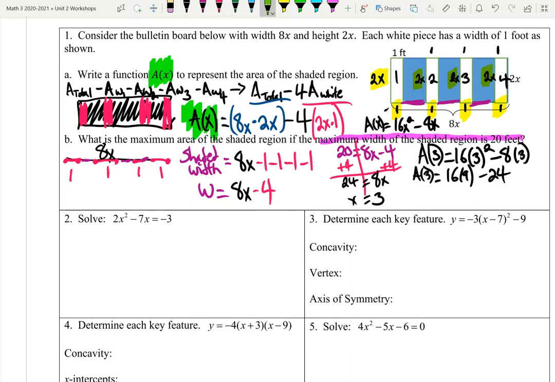To do 16 times 9, I'm going to break it up and treat it as 9 times 10 plus 6. 9 times 10 is 90. 9 times 6 is 54. 90 plus 54 is 144, minus 24. A of 3 is going to be equal to 144 minus 24, which is 120 feet squared. It's area, so it's going to be squared. All right, that was the bulletin board problem using the area of the shaded region.